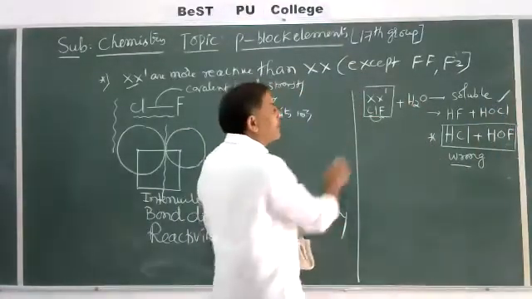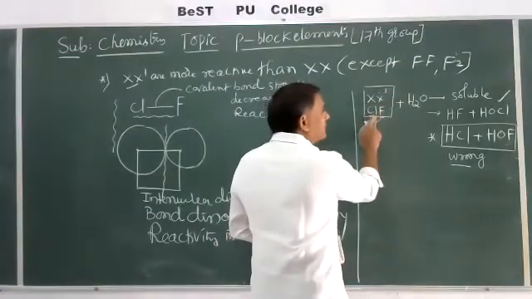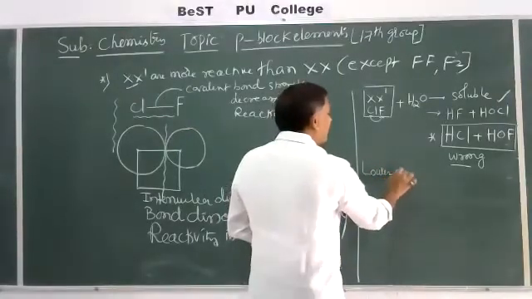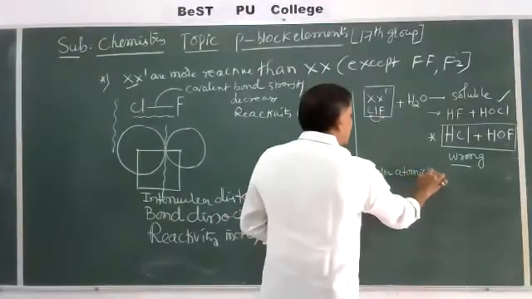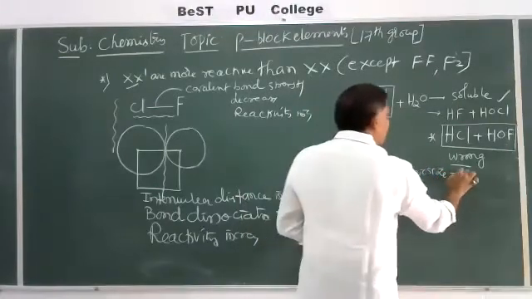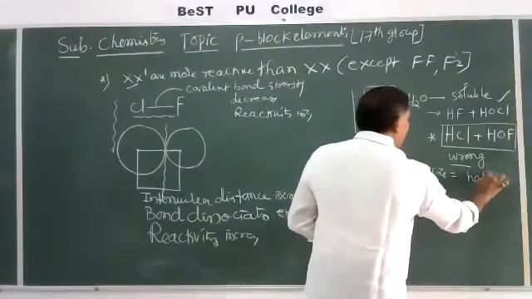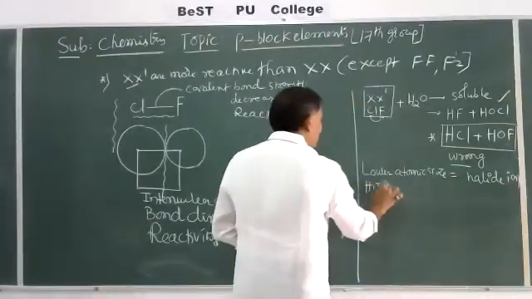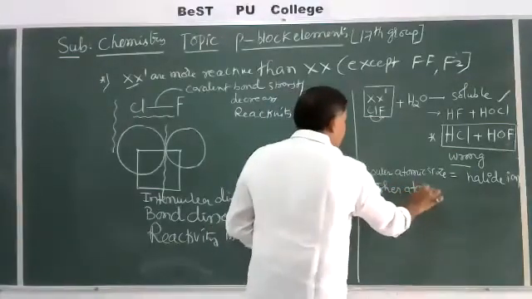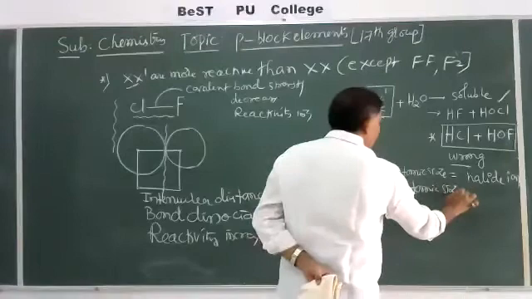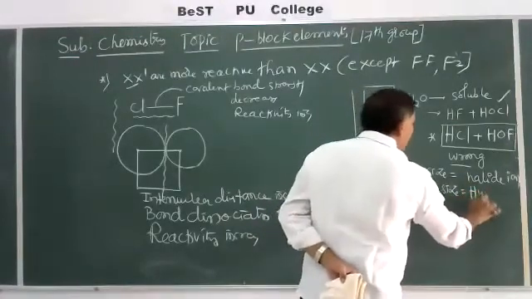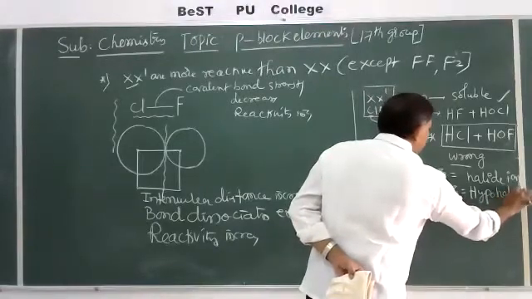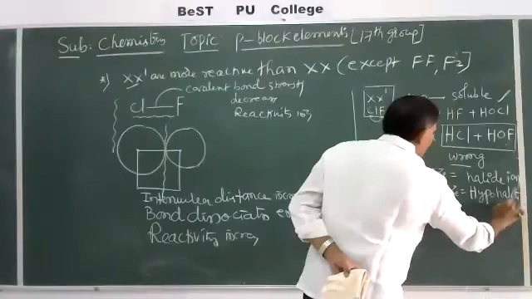When X X' interhalogens are dissolved in water, the lower atomic size element gives the halide ion, and the higher atomic size halogen gives the hypohalite ion.